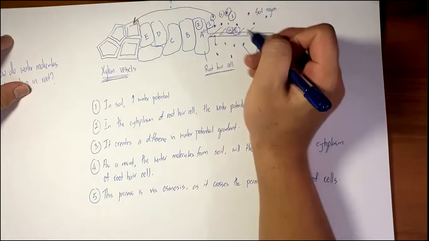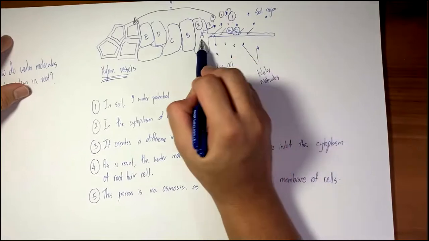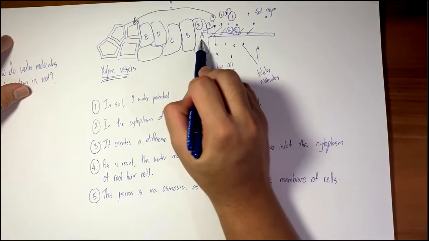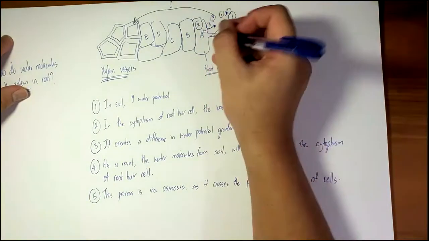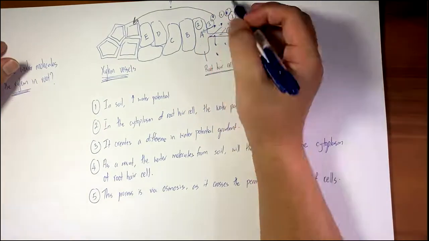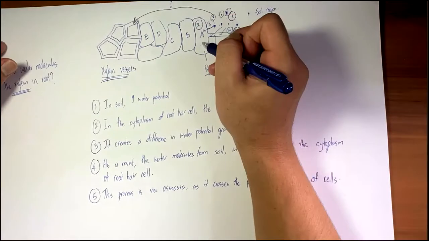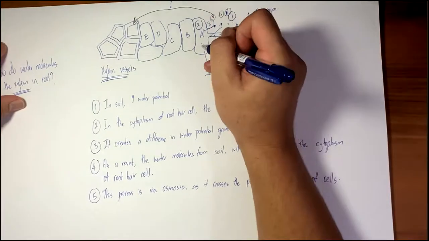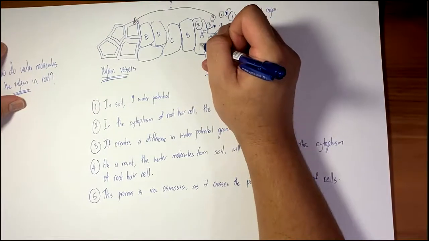Well, once the water enters into the root hair cell, cell A here, once all of them enter here, banyak air masuk sini sudah. So once the air masuk arah sel A, now sekarang apa kami ada? Sel A ada banyak water.